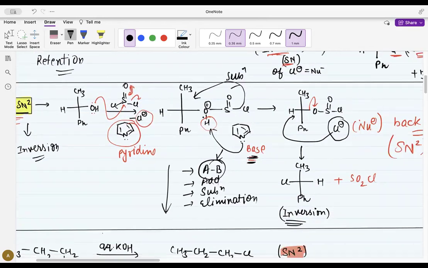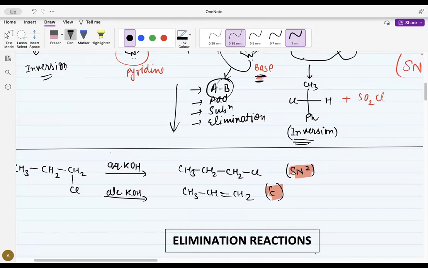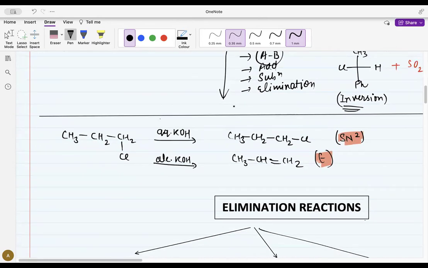So today we will start our new chapter, which is about elimination reaction. We learned in the last class that whenever we have aqueous KOH, we will do nucleophilic substitution reaction.